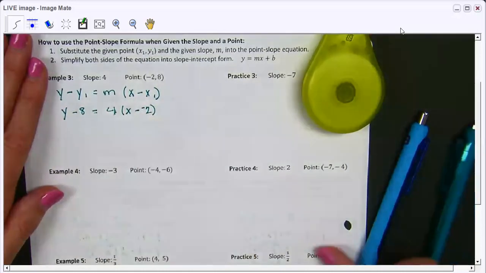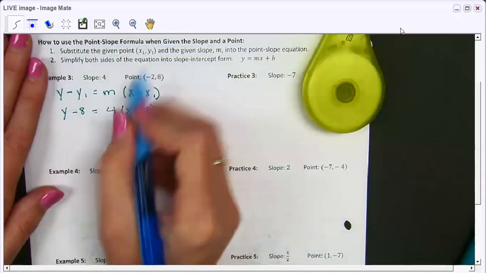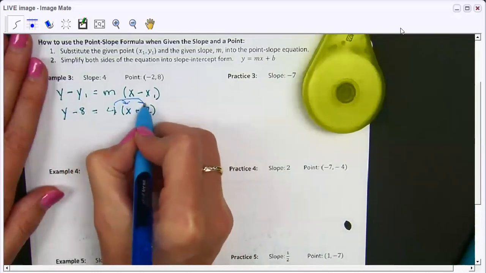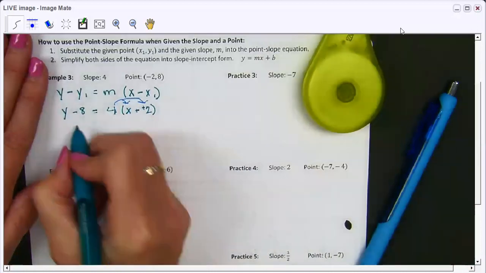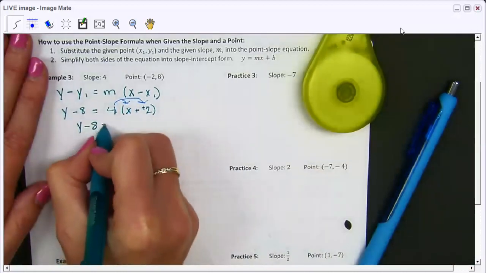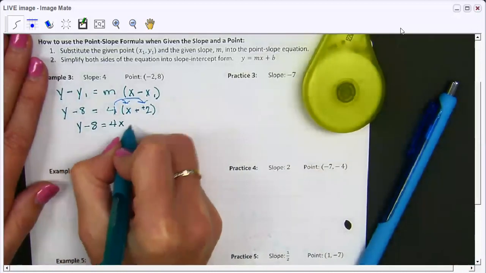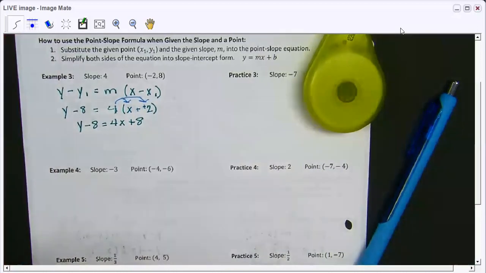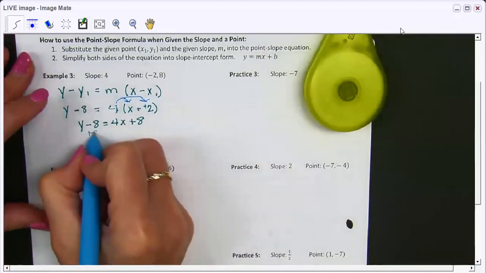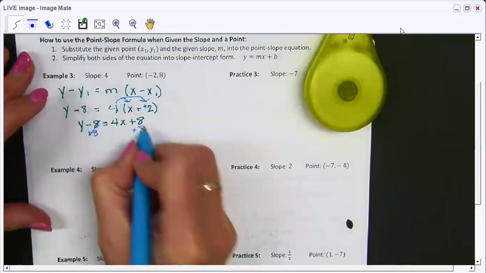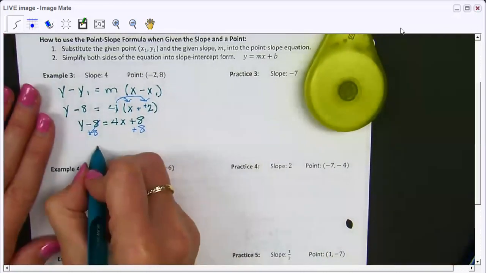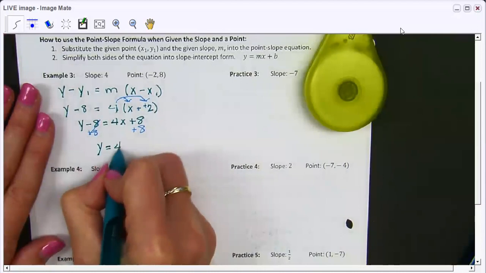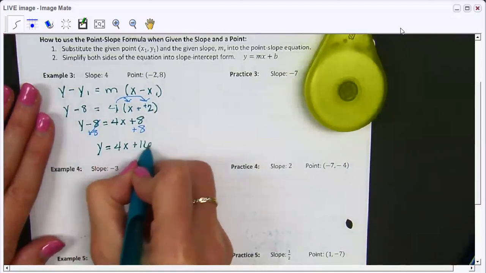And so this will change to a positive. Distribute. Okay. And then I'm going to add that 8 to both sides. And I end up with y equals 4x plus 16.